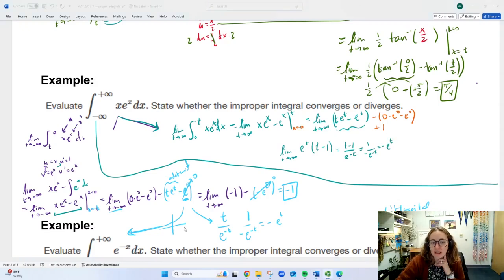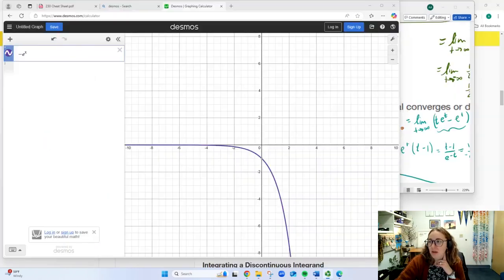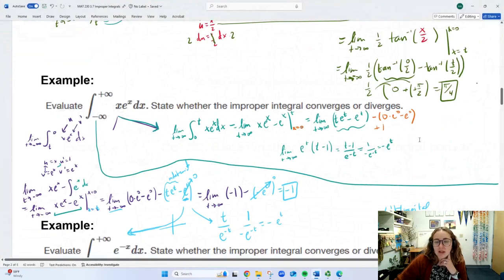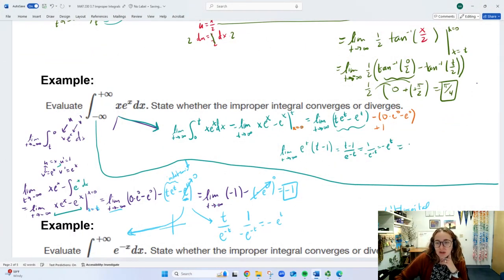So if we're looking at that as our limit is approaching positive infinity, we can see that the area underneath the curve, even though it's going to be negative, is still going off towards negative infinity, so we call that divergent. So even though only one of these converges, the fact that this one diverges, so this one goes towards negative infinity, means the whole integral diverges. The bigger thing overtakes the smaller thing.